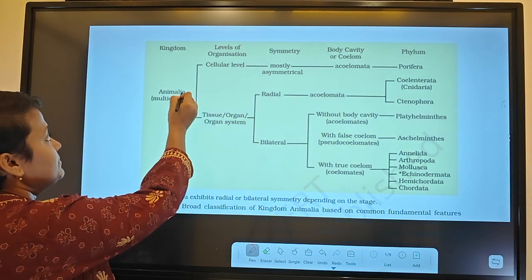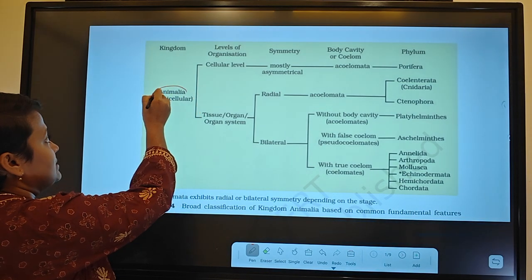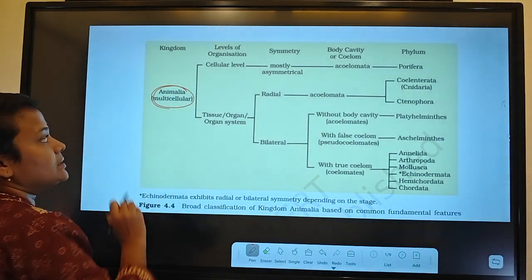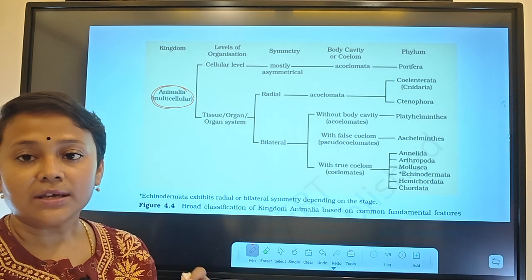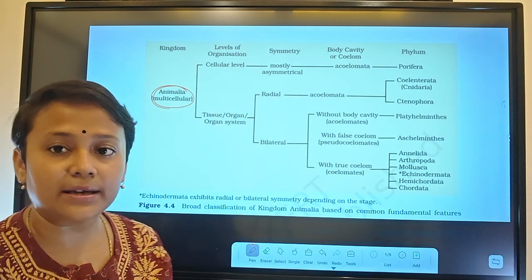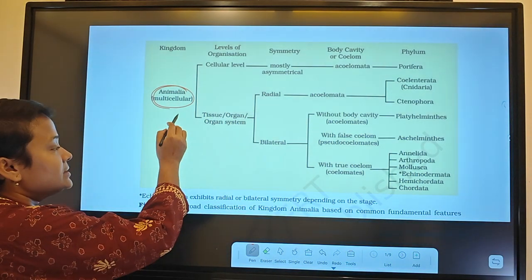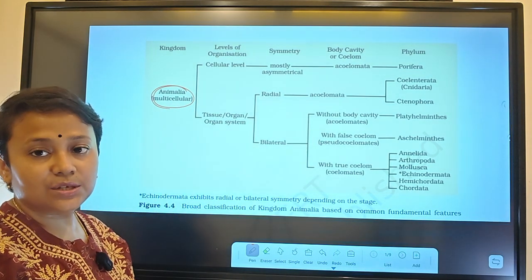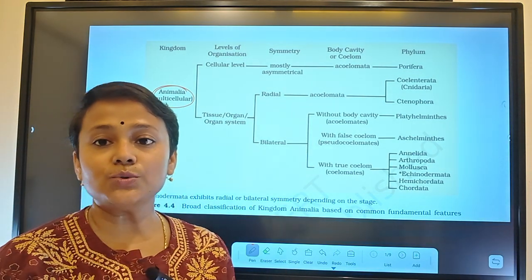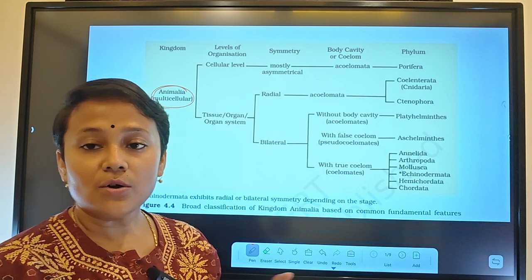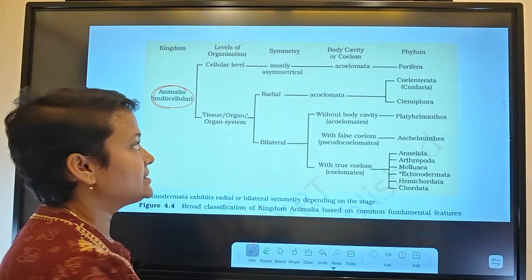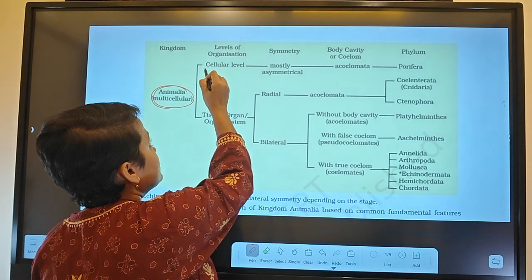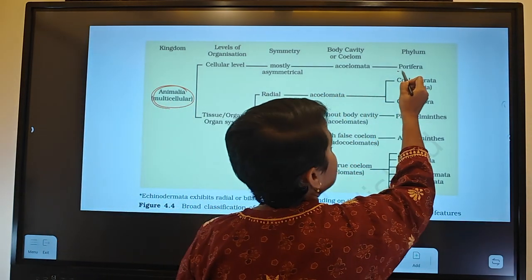So we have the kingdom Animalia from Whittaker's 5 kingdom classification, in which all the animals are there. On the basis of level of organization, we know there will be cellular, tissue, organ and organ system levels of organization. Those having the cellular level of organization belong to only one phylum, which is Porifera.